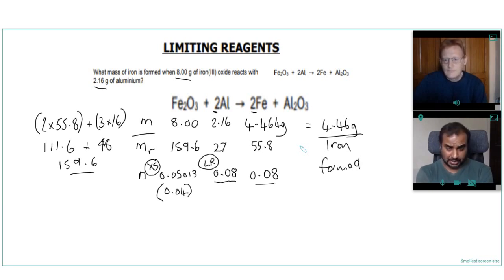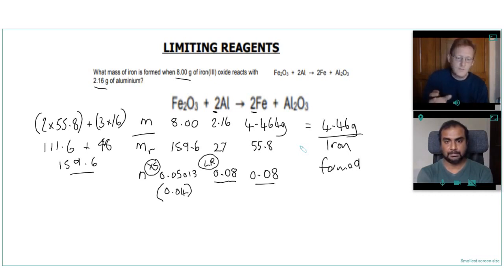And I'm guessing that if they assume that iron oxide is the correct one, just hypothetically, they went for 0.0503 as the 1 mole, they'll soon find out that the aluminium doesn't compute, because that'll be like 0.1 or something. So yeah, they could work it out the other way around as well.